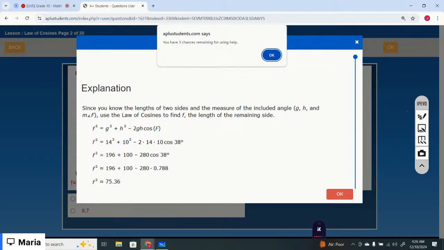I did cos 38. Let me just see. Cos 38 is, so you just have to be careful when doing calculations, right?